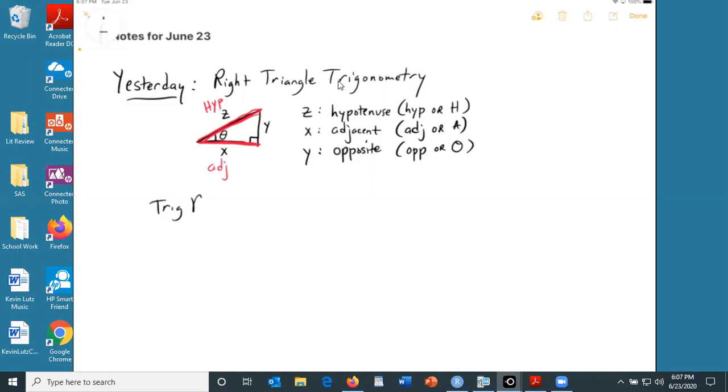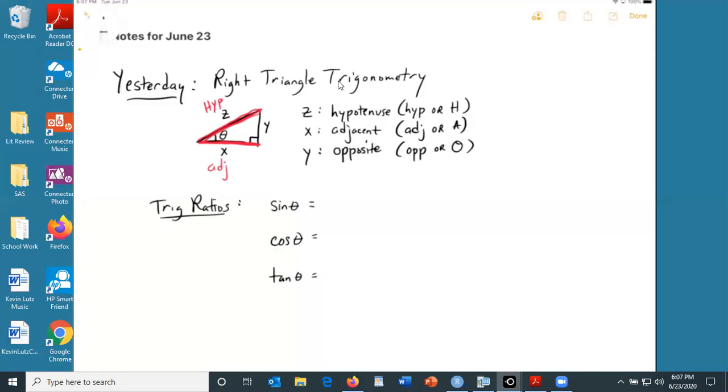All right, and the trig ratios. Remember, we have the sine ratio of angle theta, the cosine ratio, and the tangent ratio of angle theta. Maybe for 30 seconds, look at that triangle and see if you can remember these three ratios without having to do too much work.